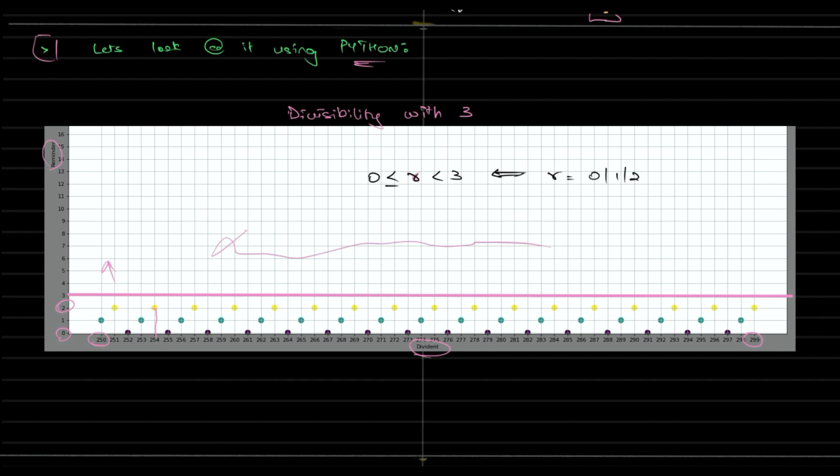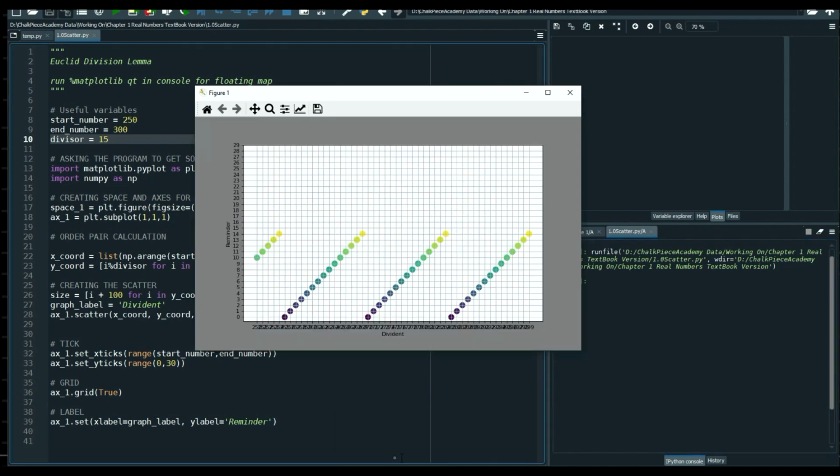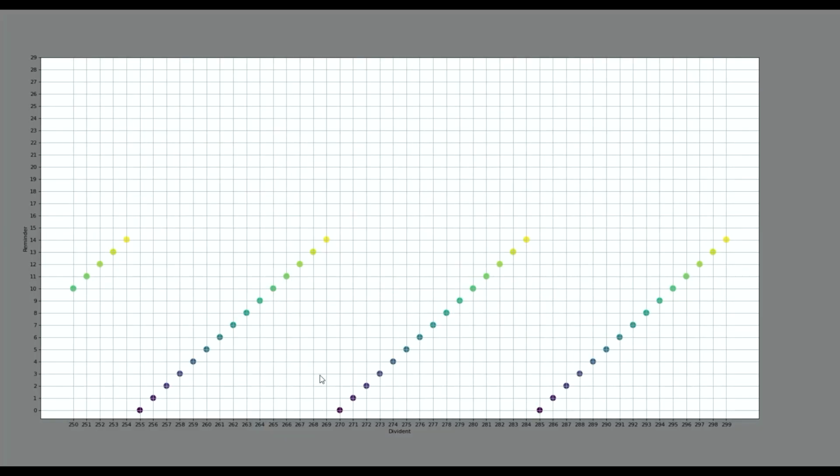Okay, right? So let's change the number to some big fat number. Let me change it to 15. Right? So let's look at what the output will be. I'm sure you guys would have guessed it. So here we are looking at remainders from 0 till 14.